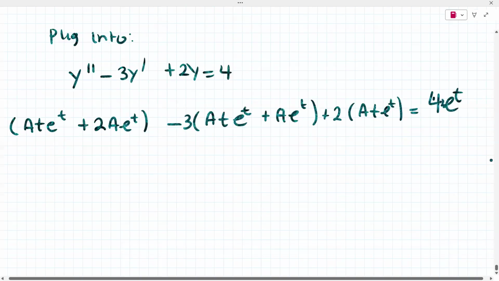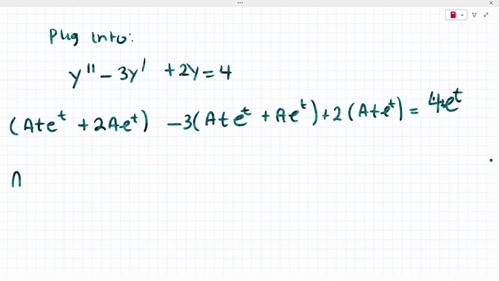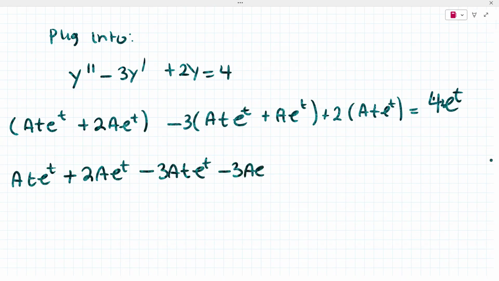Okay, boil it out. Try to collect like terms. So this is going to be a t e to the t plus 2a e to the t minus 3a t e to the t minus 3a e to the t plus 2a t e to the t equals 4e to the t.